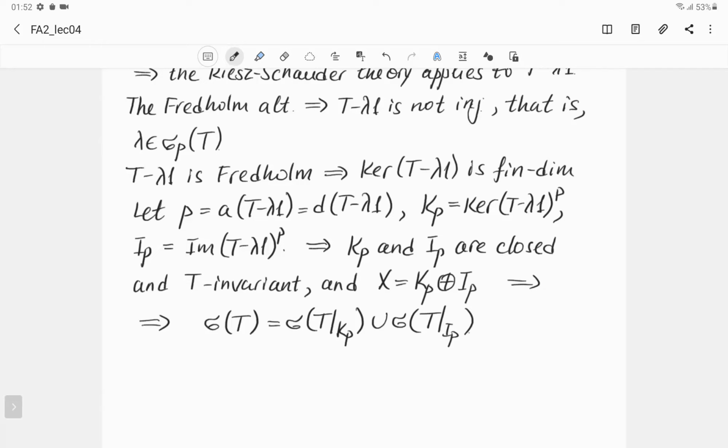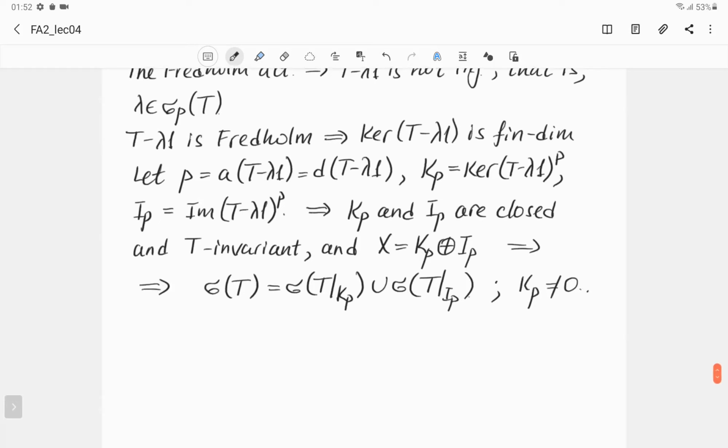Okay, let's also observe that Kp is non-zero, because already the kernel is non-trivial, and so the kernel of the same operator to the power p is non-trivial. Let's look at the spectrum of T restricted to Kp. Since we applied this theorem to T minus lambda, we see that T minus lambda restricted to Kp is nilpotent.